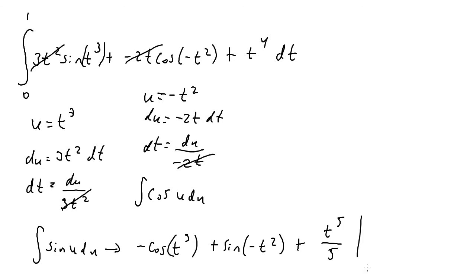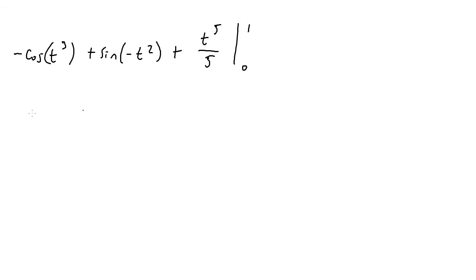And then we can evaluate from the t bounds of 0 to 1. So when I go ahead and plug in 1 for t, we'll get negative cosine of 1 squared, which is just 1. Then plus sine of negative, well, we have 1 squared, 1, so then sine of negative 1. And then plus 1 to the 5th over 5, just 1 over 5.